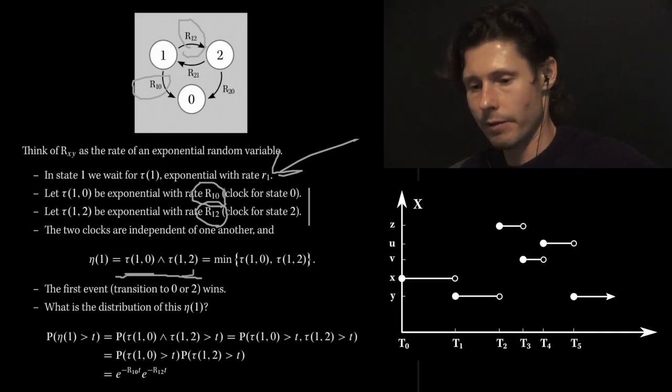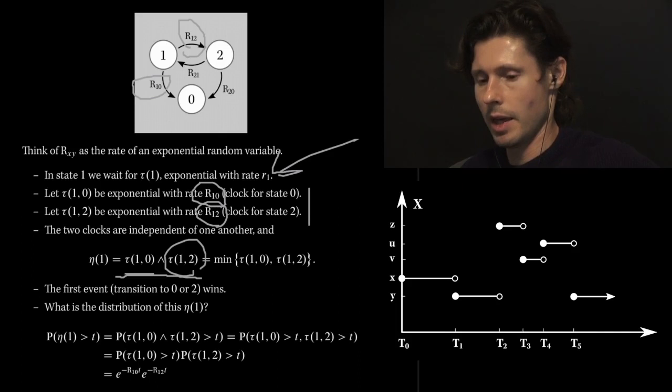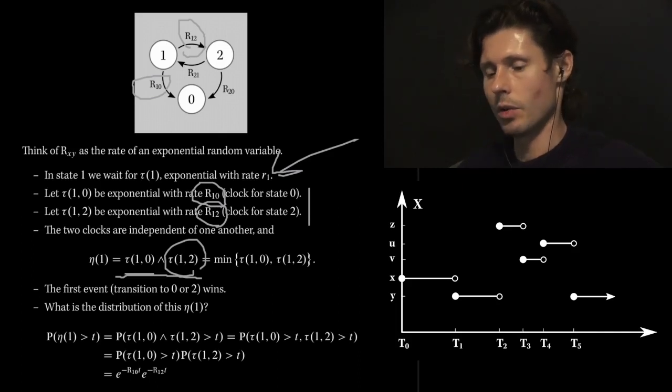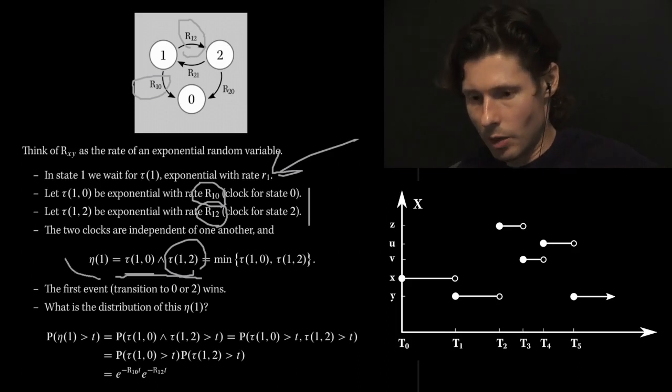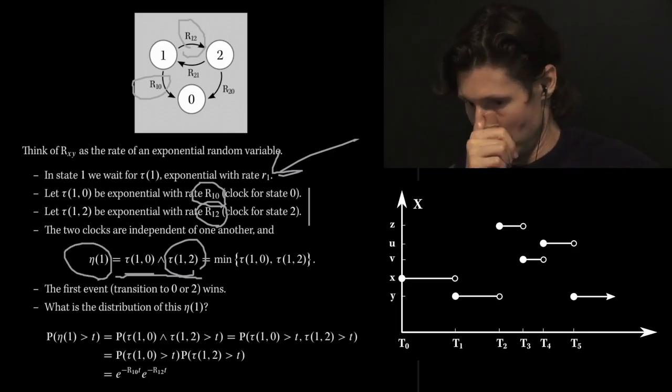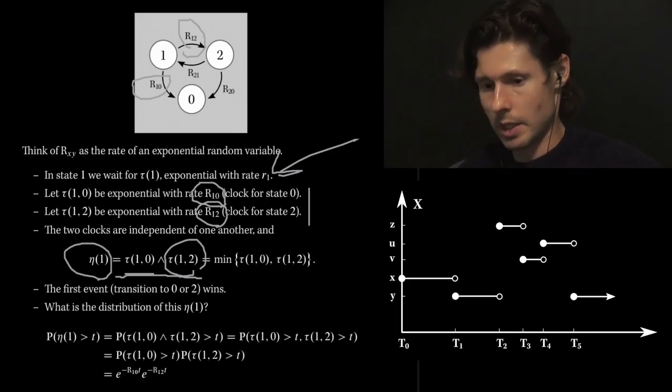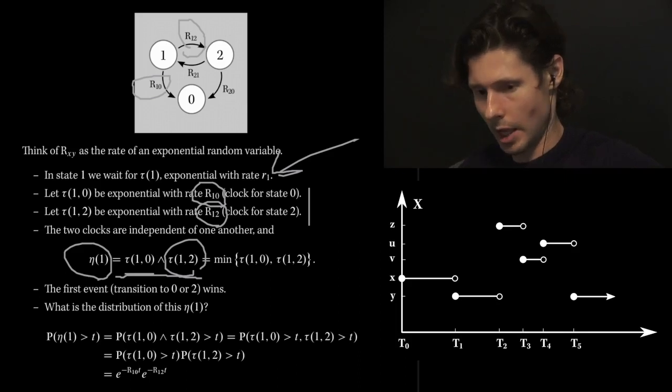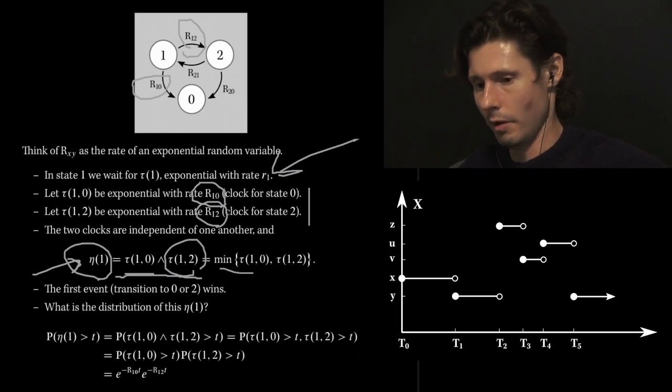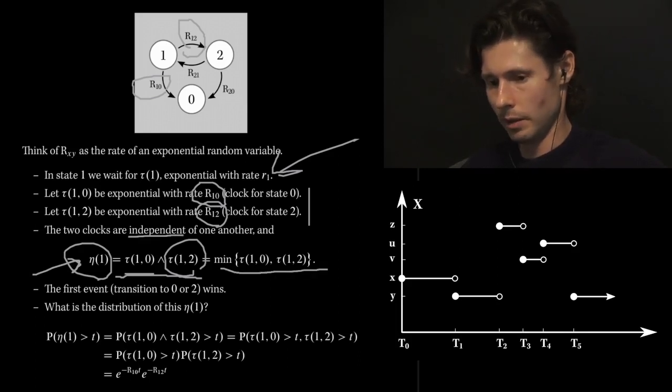But if the clock for tau 12 is smaller, then it's the transition to 2 that wins, and we go to state 2. Eta 1 is just a definition of this minimum. So we're going to investigate what this random variable is. It's the minimum of these two independent waiting times.